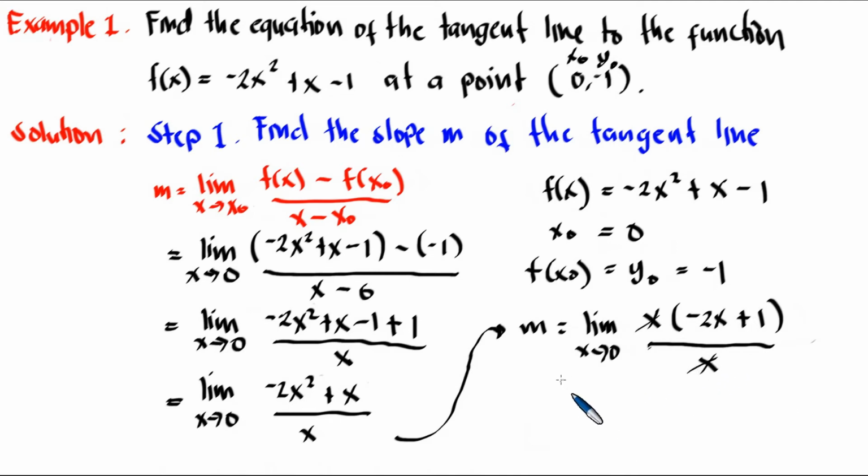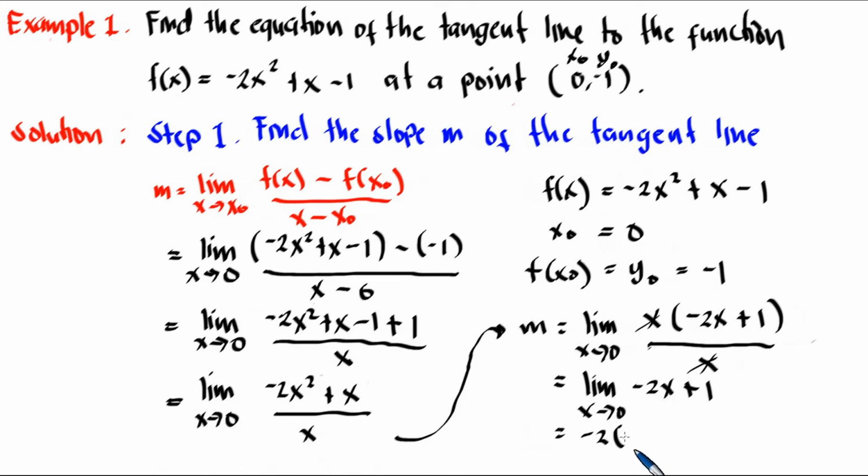That leaves us with the limit of negative 2x plus 1 as x approaches 0. Now we can evaluate our limit by simply plugging in 0 for x into our resulting function.